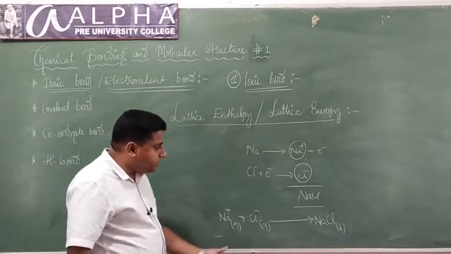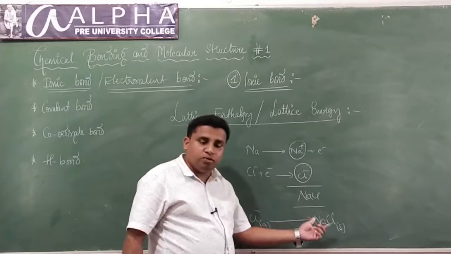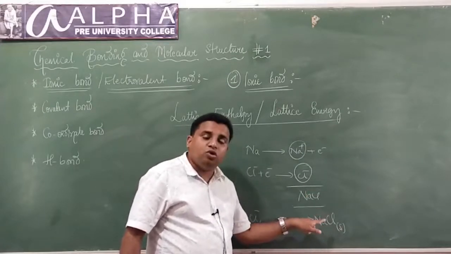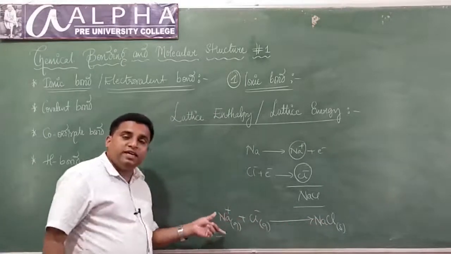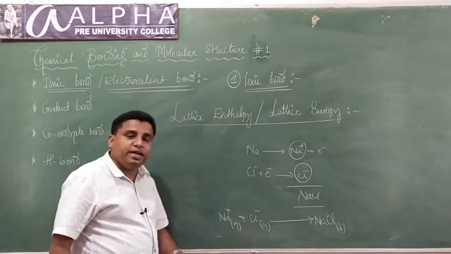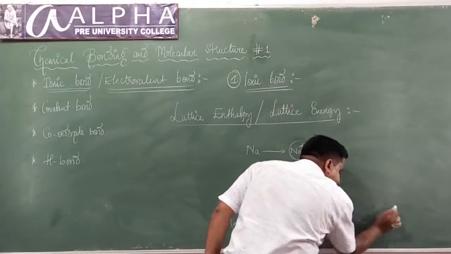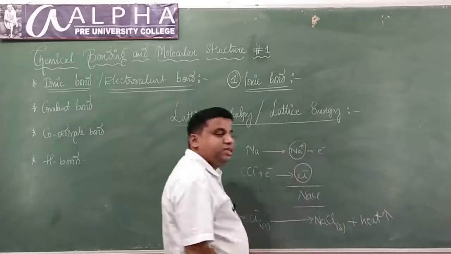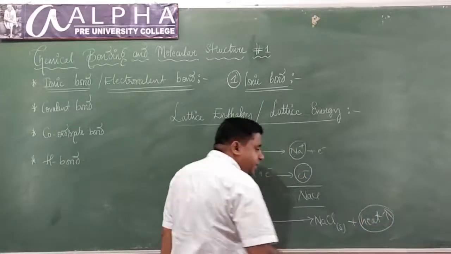look here, what is this? It is an ionic compound. So when 1 mole of solid sodium chloride is formed from its sodium ions in the gaseous state and chloride ions in the gaseous state, some amount of heat energy is liberated.